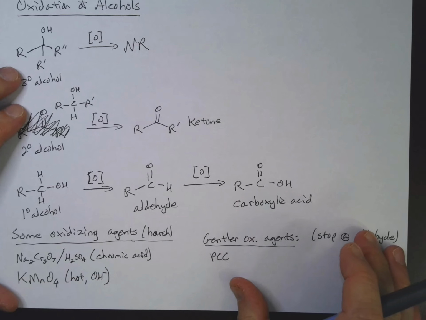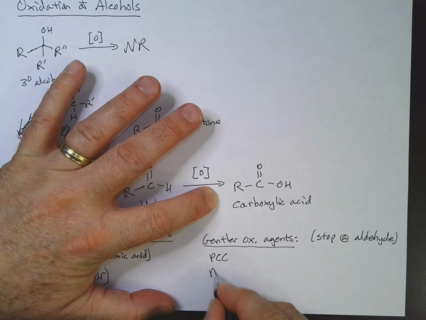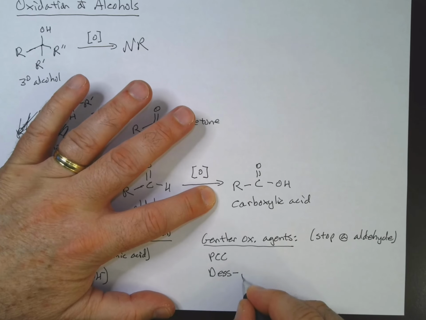That oxone that I referred to is also a gentler oxidizing agent, and it's a bit greener. And then the last one is the Des-Martin periodinane. I wrote it down wrong in my notes here.